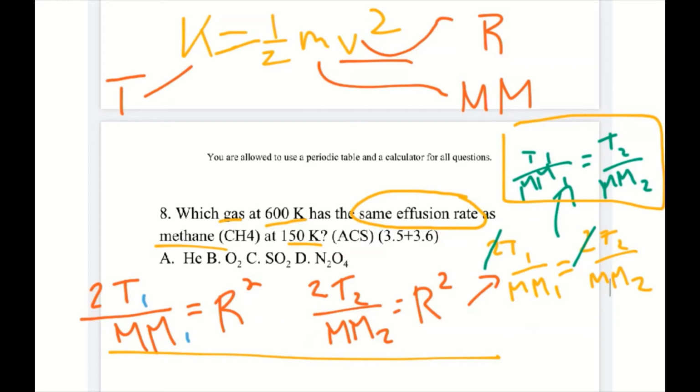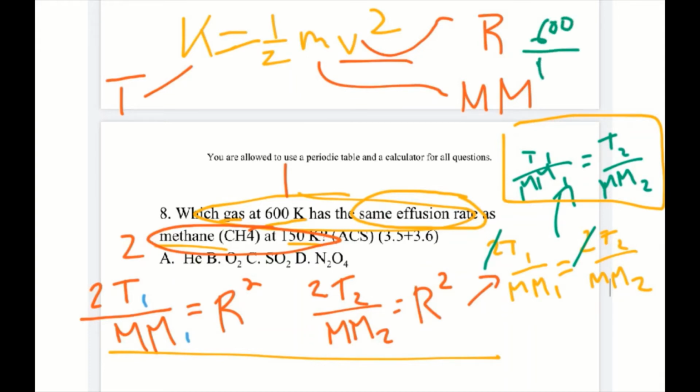So let's say this will be our first scenario, and this will be our second scenario, and let's just solve it. Our T1 will be 600 Kelvin over the first molar mass, which is unknown, and it's equal to T2, which is 150 Kelvin, over the molar mass of the second thing that we're looking at, methane, and that's 12.01 plus 1.01 times 4.